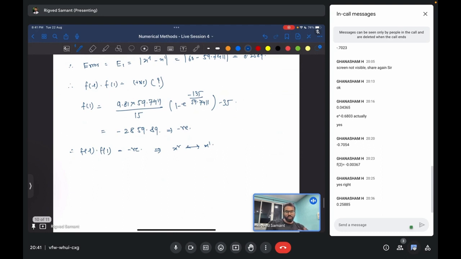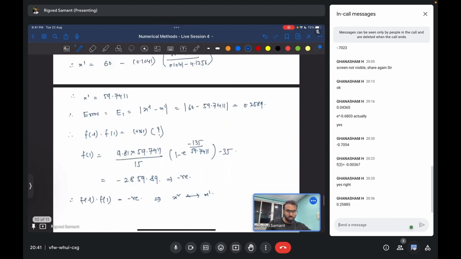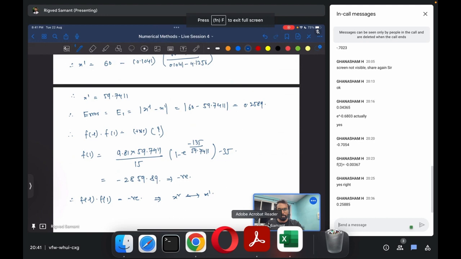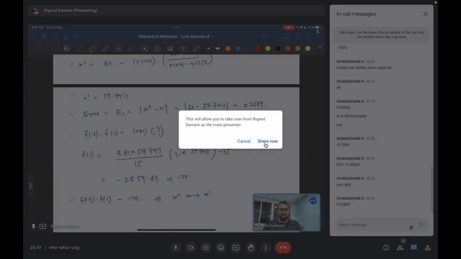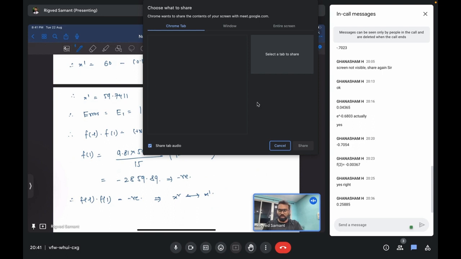If you continue for further iterations, you will get to the final value. So I just wanted to show you a few things. I'll switch back to the Excel sheet so that I can talk further.